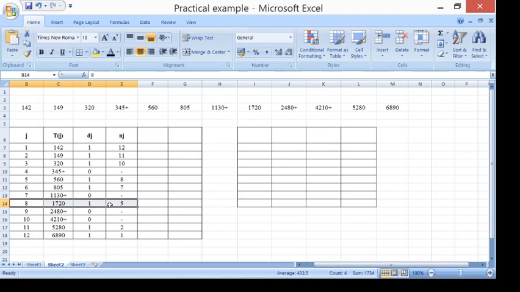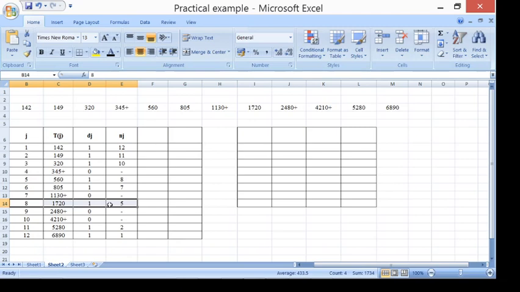Then at time point 2480 plus and another time point 4210 plus, two components are removed. So one failed and two components removed. So a total of 3 components have left our system, one because of failure and two because of censoring. And therefore 5 minus 3, 2 components will be there just prior to the time point 5280. And therefore nj is 2 for j equal to 11.